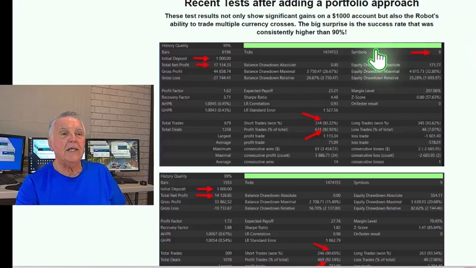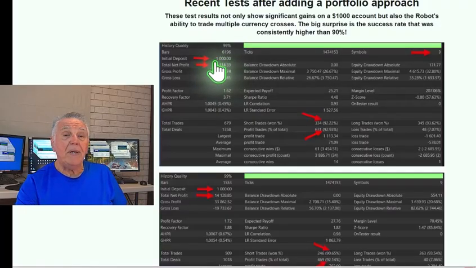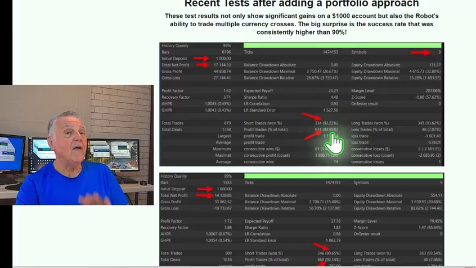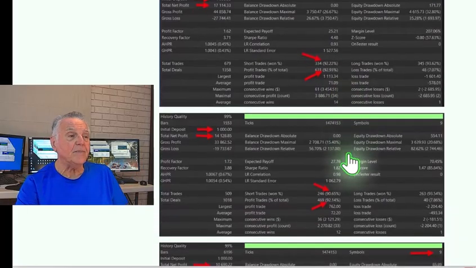And you can see here, this particular run used 9 currencies, and look at the results there. It took $1,000 to $17,000. But here's the kicker, and look at the success rate, 92% success rate. Fantastic. Then we tested it a little bit further.